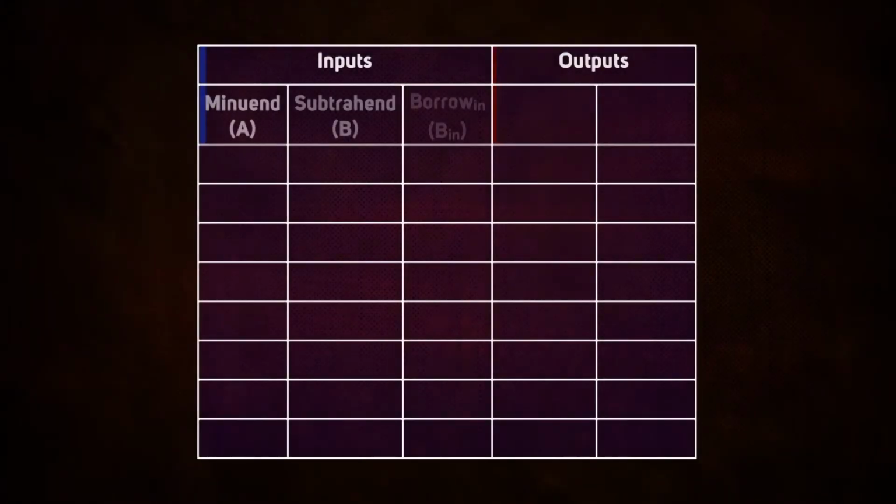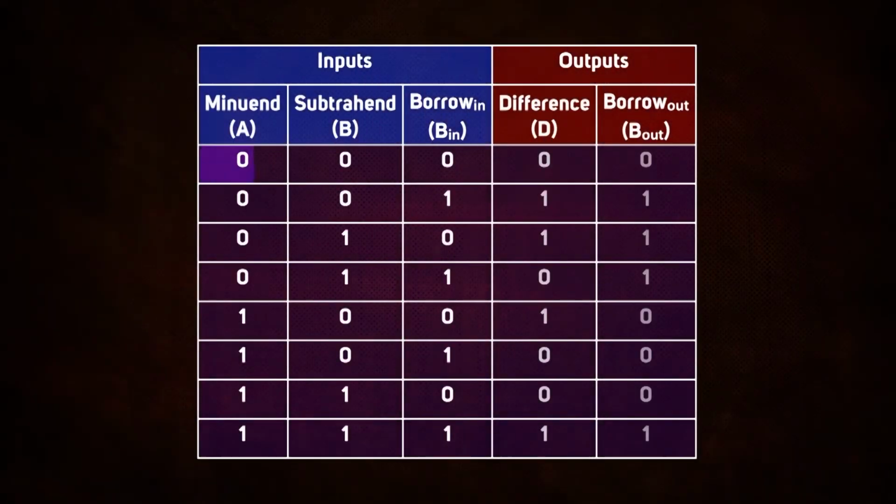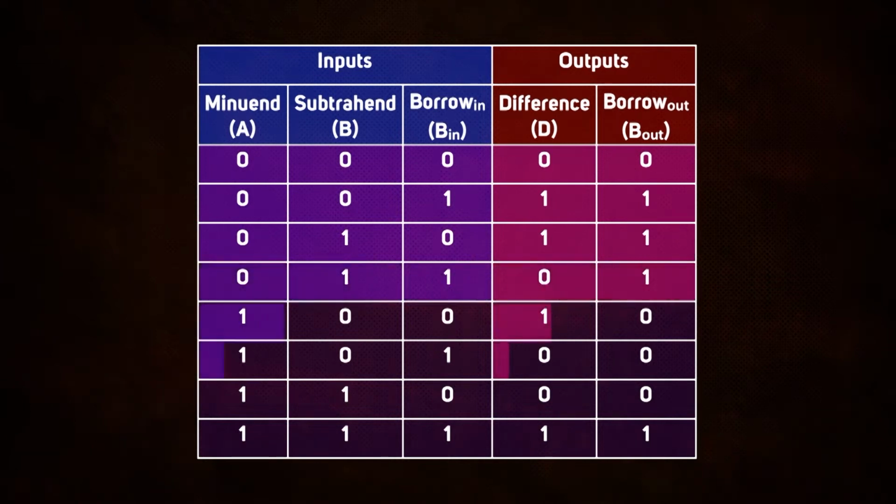Now, let us form the truth table of subtraction of 3 bits. We get the values as inputs 0 0 0, then the subtraction result, that is difference and borrow, are 0 0. Then 0 0 1, it is 1 1. For 0 1 0, it is 1 1. It goes like that.